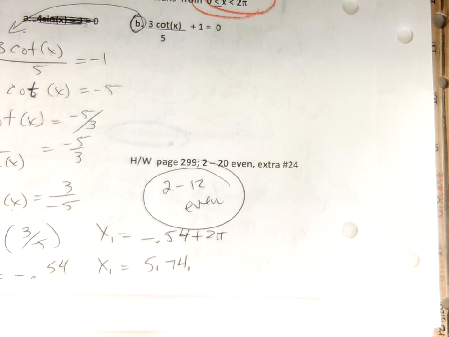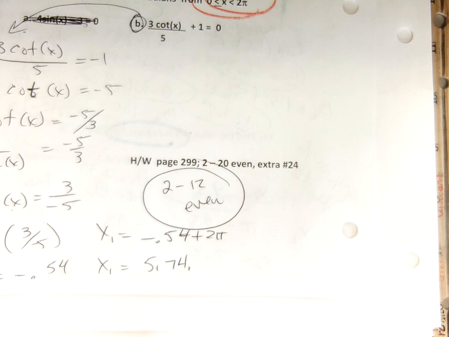Now we know the other one is going to be its tangent partner. So tangent was a spin of 180, but not 180, so what are we going to subtract? Pi. So we're going to take this answer and subtract pi.